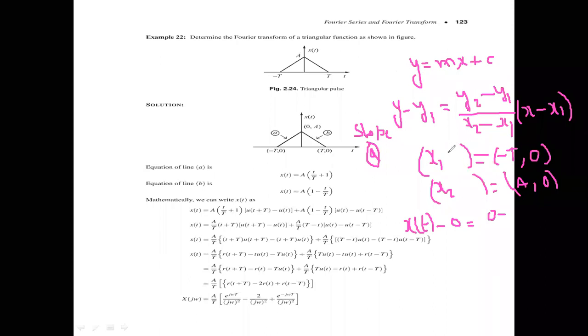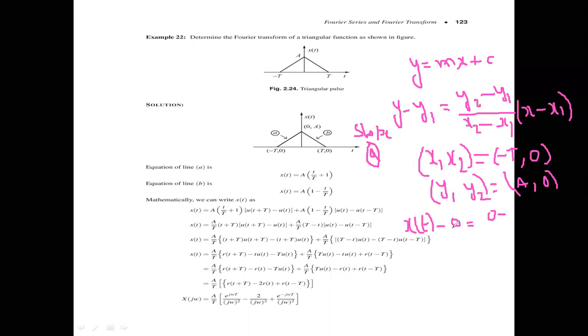This is x1, x2, my dear students. It's not y1 and y2. Okay, now we have the y-axis and the x-axis. X of t, what is y1?